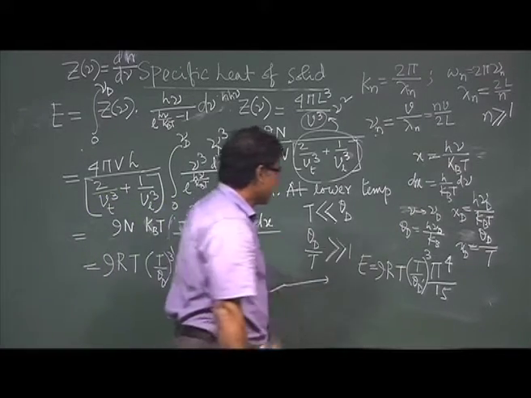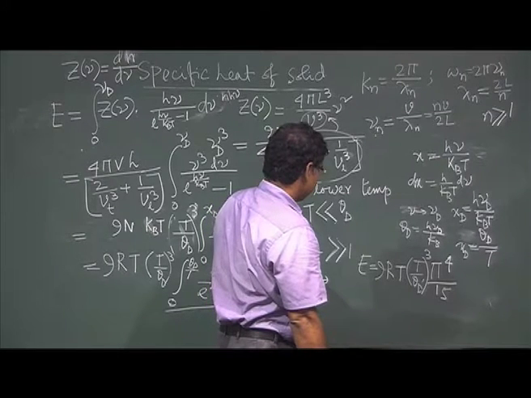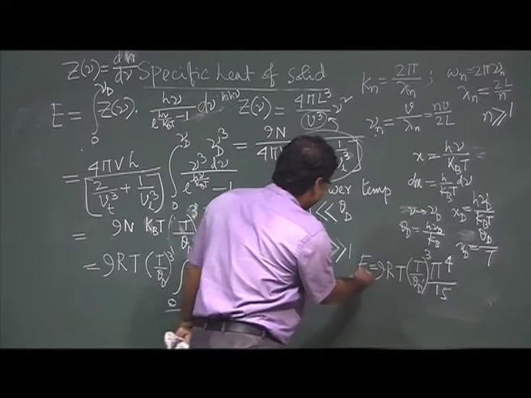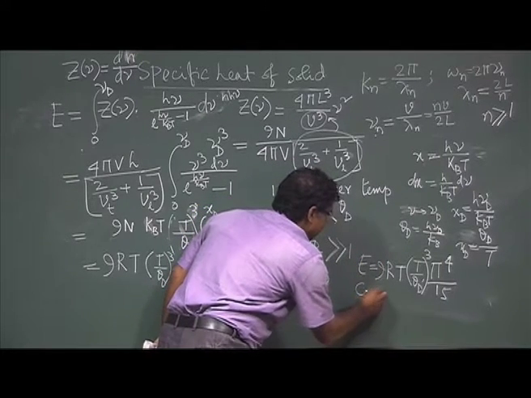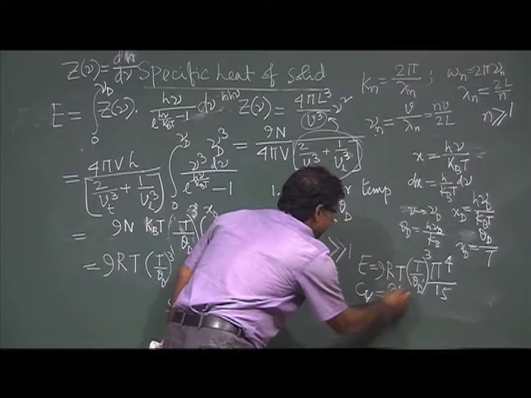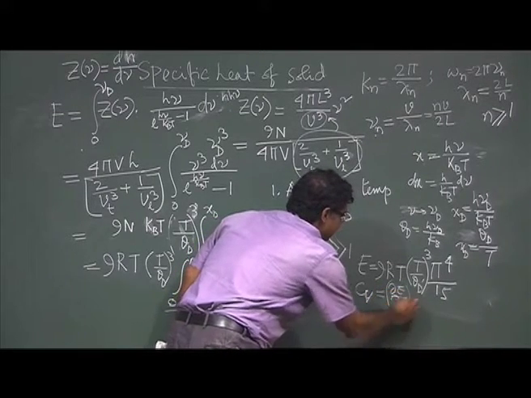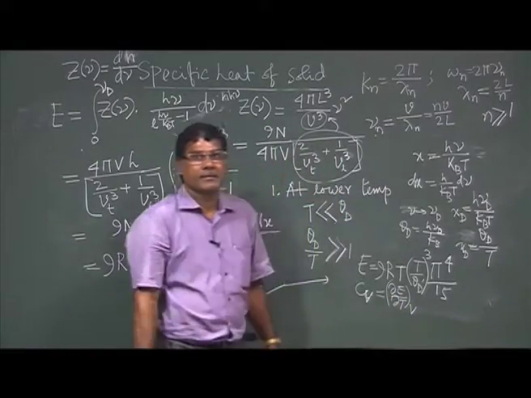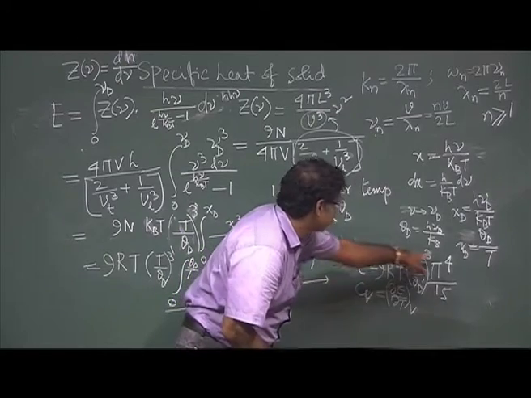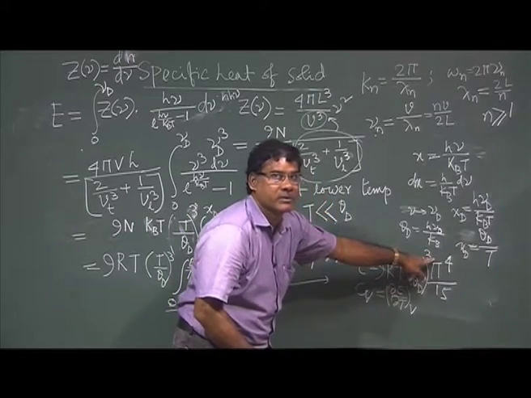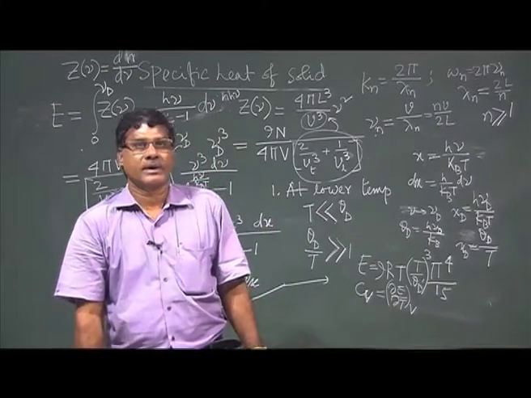So, now you can find out the C V equal to del E by del T at constant V. So, this is basically T to the power 4. If I differentiate it, it will give me 4 T cube.